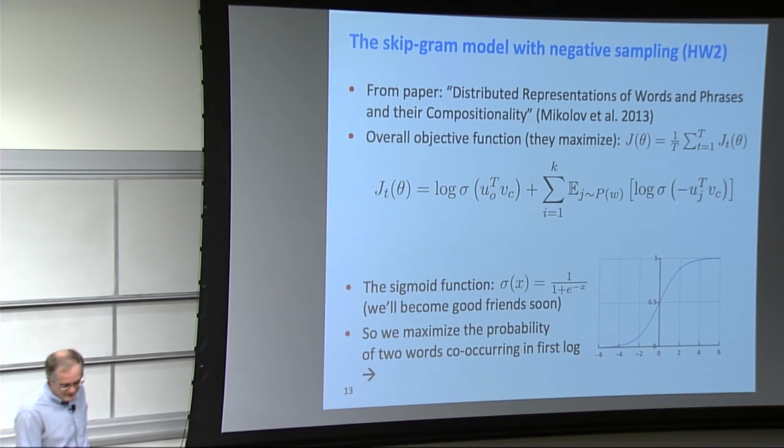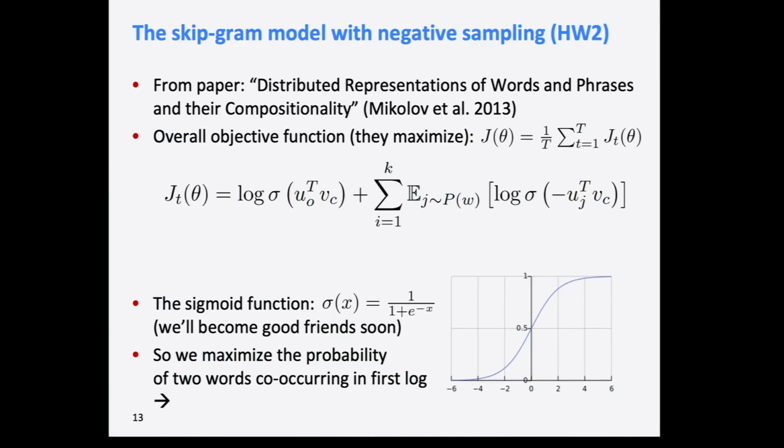Okay, the notation they use in the paper is slightly different to the one I've used. They actually do maximization, not minimization, and that's their equation, which I'll come back to. But before we do that, here's the sigmoid function. It's normally written like this, 1 over 1 plus e to the minus x.